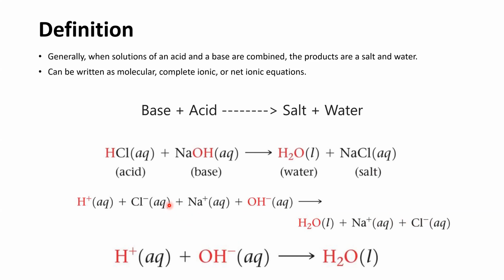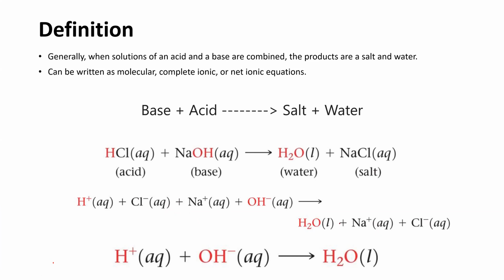Now, if we focus on getting the net equation, what we can do is separate these and see which ions are available on both sides.